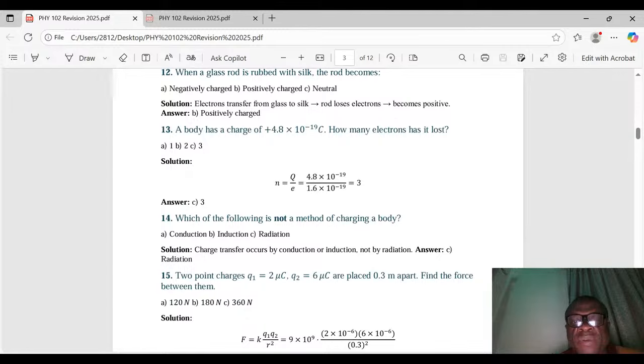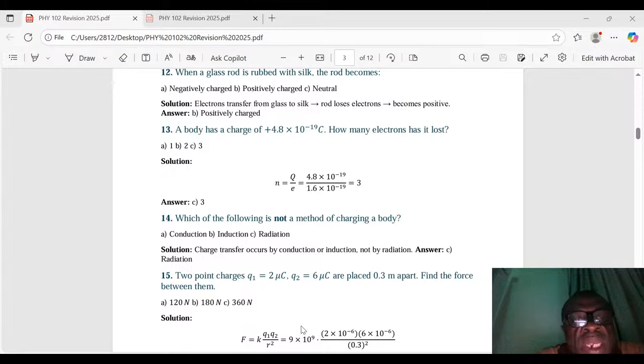Number 12. Look at it. When a glass rod is rubbed with silk, the rod becomes A, negatively charged, B, positively charged, C, neutral.